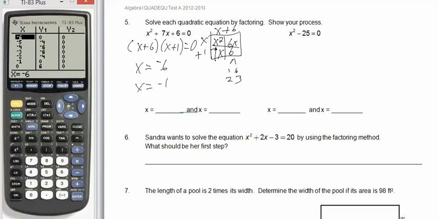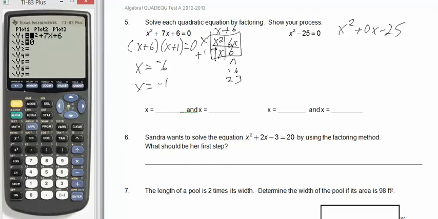So for this one, this is the difference of two squares. So remember, this is like saying x squared plus 0x minus 25. So we need factors of 25 that when I subtract them equal 0.